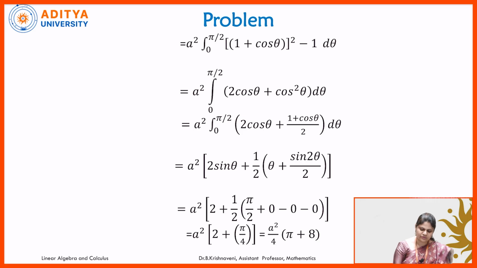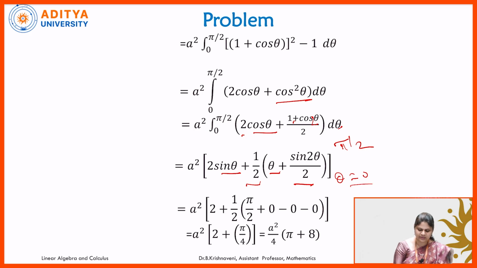On simplification, you get 1 plus cos theta whole square minus 1, which is equal to 2 cos theta plus cos square theta. And here cos square theta can be written as (1 plus cos 2 theta) by 2. Now do integration with respect to theta. 2 into cos theta integration is sin theta. And 1 by 2 you can take outside, integral d theta is theta. Cos 2 theta integration is sin 2 theta by 2. Now the theta limits are from 0 to pi by 2. Substitute the upper limit theta is equal to pi by 2 and the lower limit theta is equal to 0.